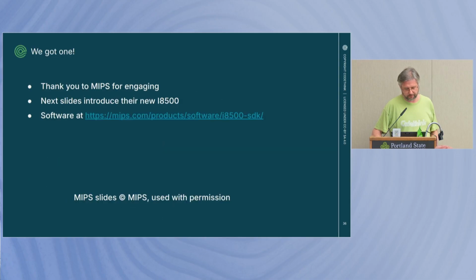And then I was giving this talk for the RISC-V Summit, and somebody sidled up to me and went, you said you didn't have a core that did this. Well, congratulations, we're doing this. So MIPS have very nicely engaged with us to say they are actually doing this new core called the i8500.